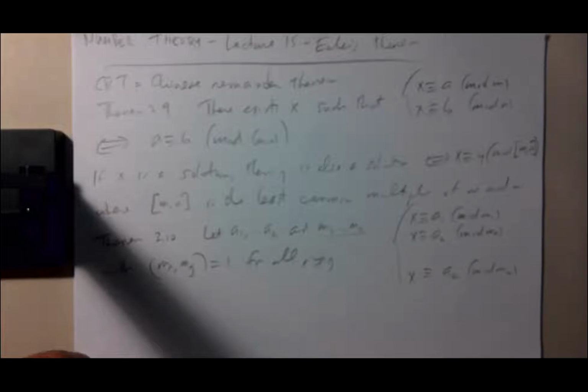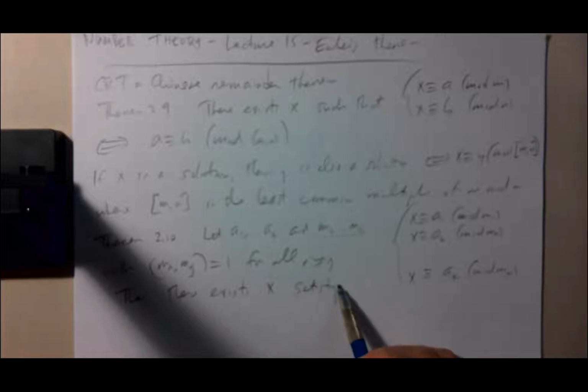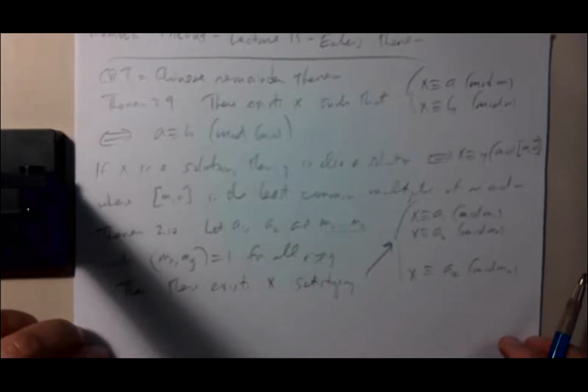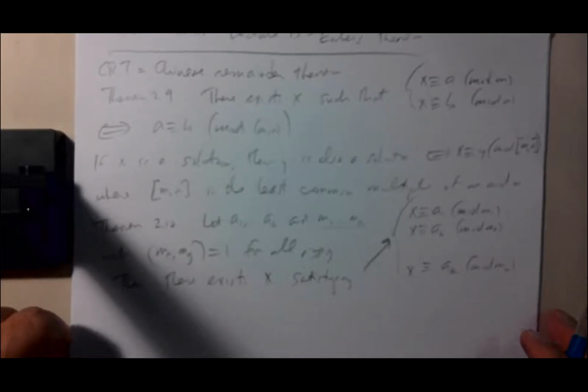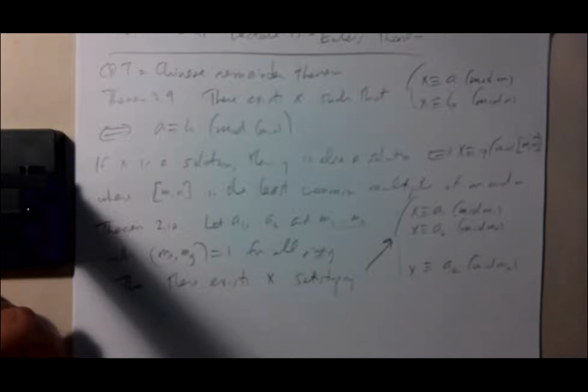Then there exists an x satisfying these congruences. So if you have k linear congruences and the moduli are pairwise relatively prime, you can always solve this system of congruences.